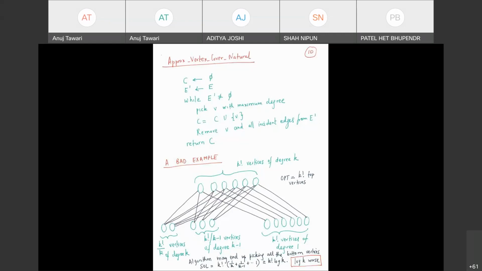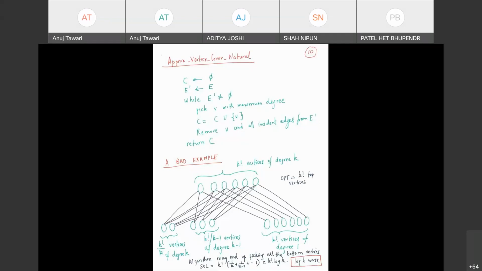But it is slightly unnatural, because why would you go to this disjoint set of edges? The most natural first algorithm is the greedy algorithm, because most approximation algorithms follow this greedy approach. So what we would like to do is pick a vertex which is covering as many edges as possible, and then keep repeating this procedure, and finally we stop when we have covered all the edges.